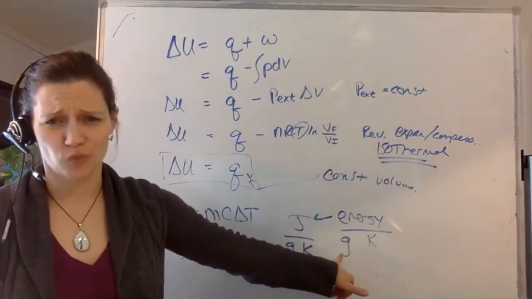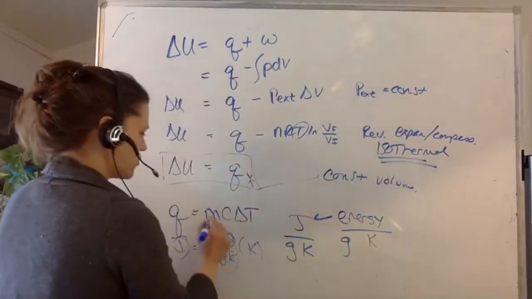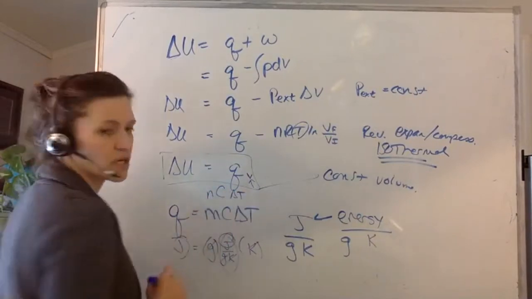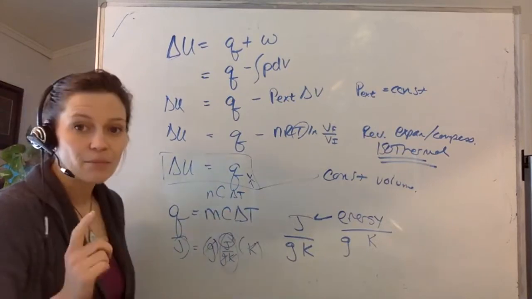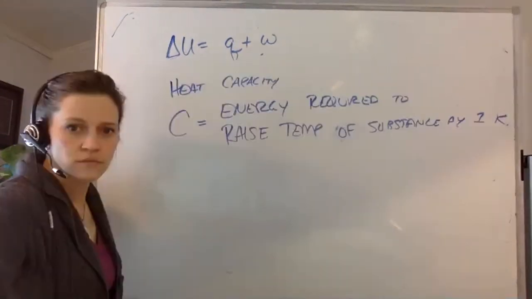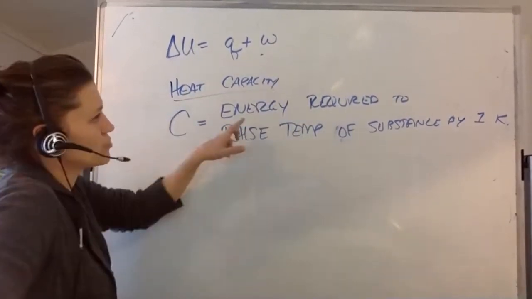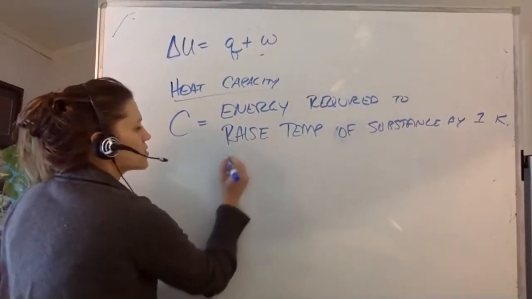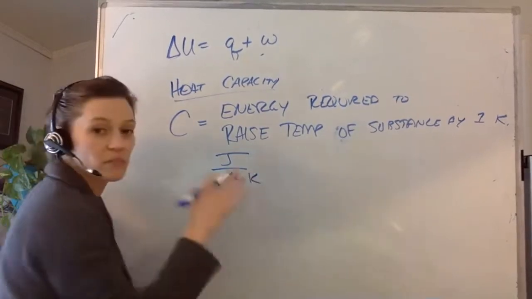I'm going to get rid of the grams. I don't like grams very much. We're going to make this moles. So you could say Q is equal to n C delta T, where C now becomes the molar heat capacity. Okay, so heat capacity. I'm going to erase this and put a definition. The heat capacity is the energy required to raise the temperature of a substance by 1 Kelvin. And so its units are joules per mole Kelvin, because we're going to be in moles for everything.